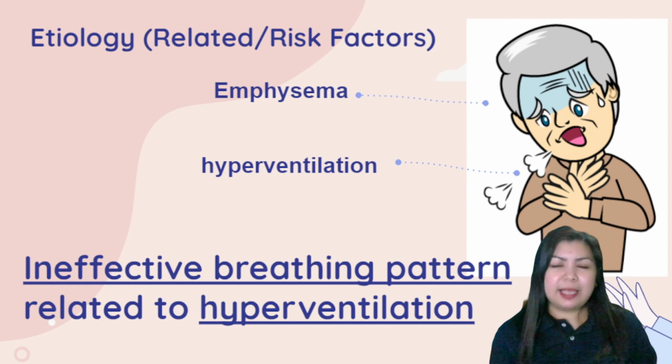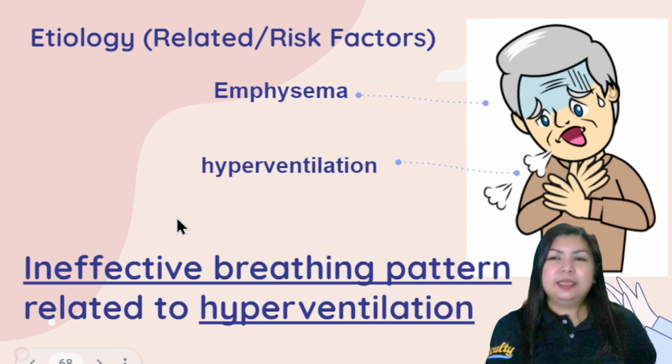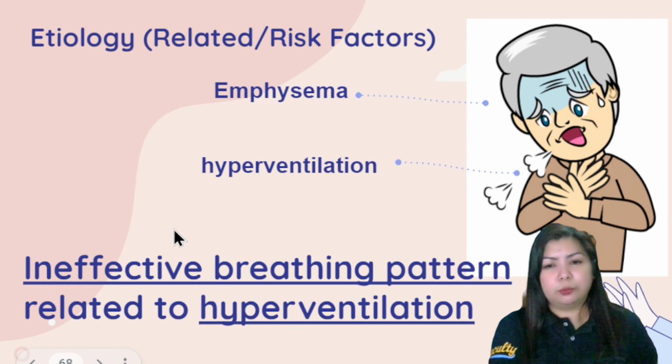So we now write this as ineffective breathing pattern as your letter P for the template basic 3-part statement of your nursing diagnosis, followed by the word related to. The next underline is your etiology, which is hyperventilation.